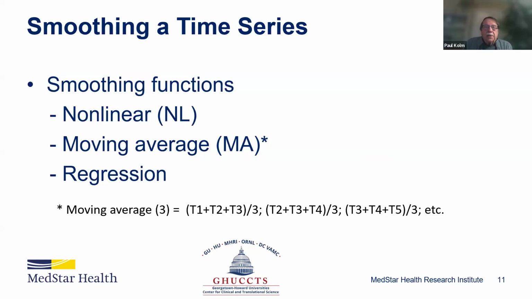Then the next value in our time series is time 2 plus time 3 plus time 4 divided by 3, and so on. We could do a moving average of 5 time points, or however many time points we want. But we can also smooth by just using regular regression, which can be either linear, or most of the time nonlinear.